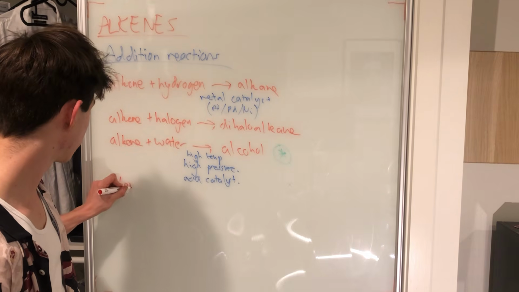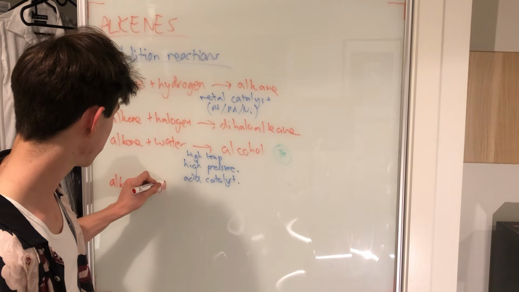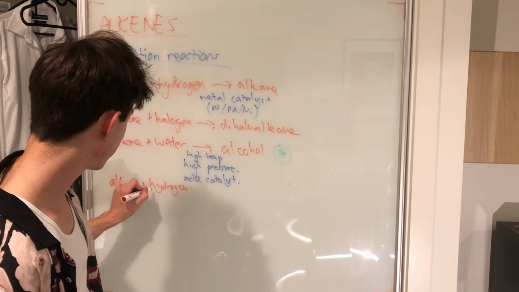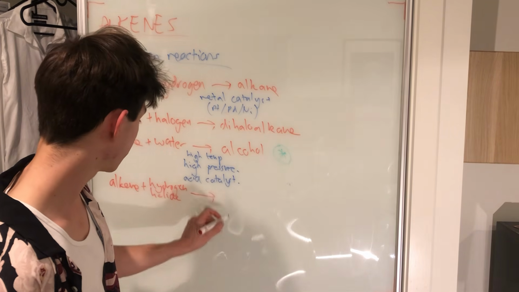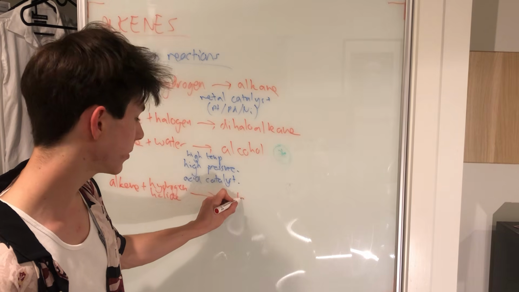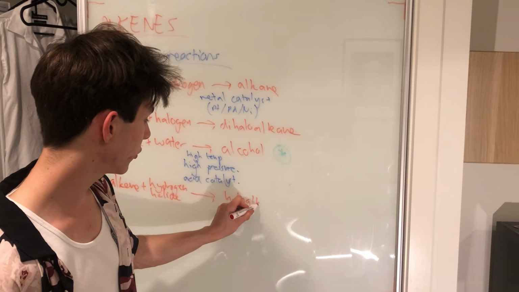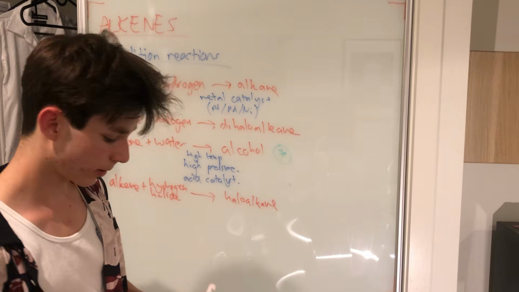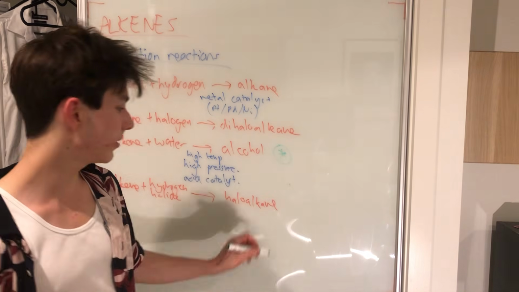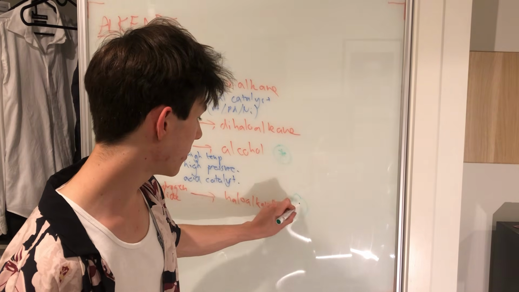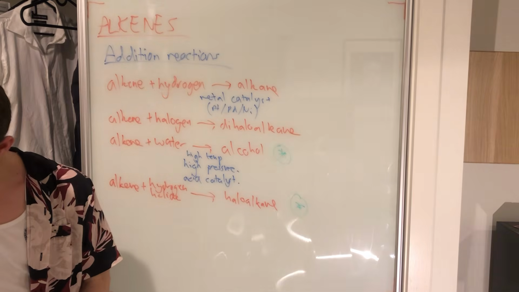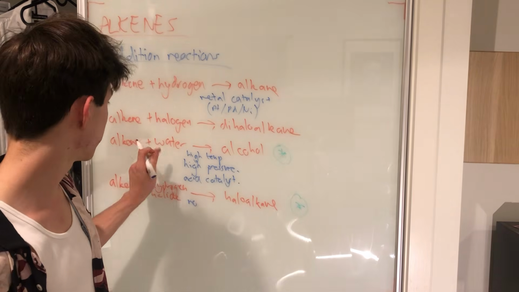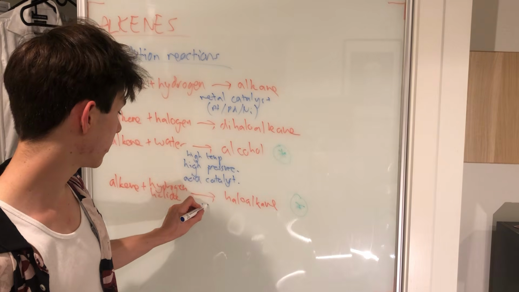Alkene plus hydrogen halide gives you a haloalkane, not a dihaloalkane, just one. And again, asymmetrical alkene, and Markovnikov's rule applies. And the condition? No water, or we're going to get some hydration occurring as well.